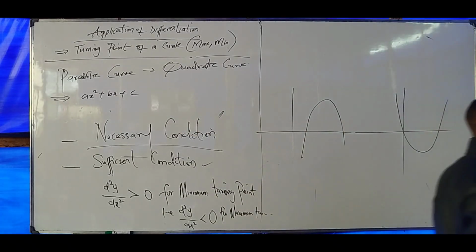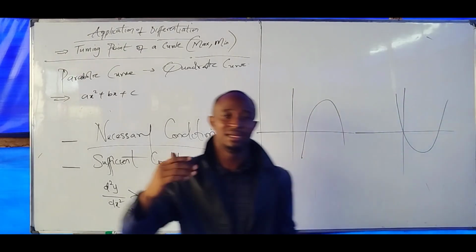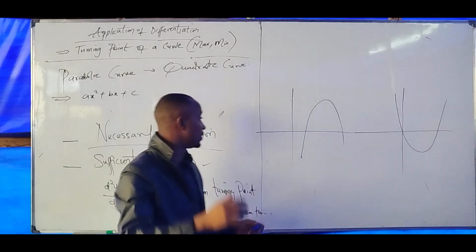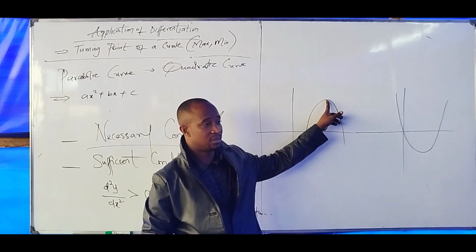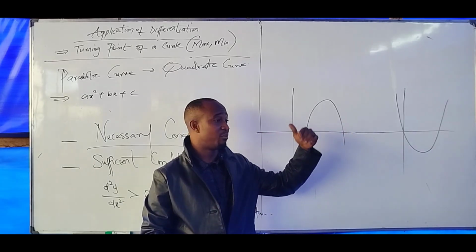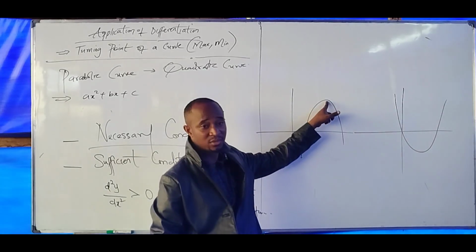Under light waves, we call that amplitude, the maximum displacement, the highest vertical displacement a graph can ever get. The maximum. Are you following now? In economics we call that maximum profit and minimum profit. The peak is called the maximum.